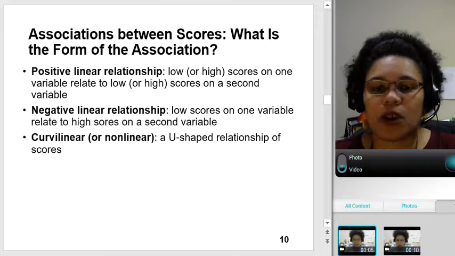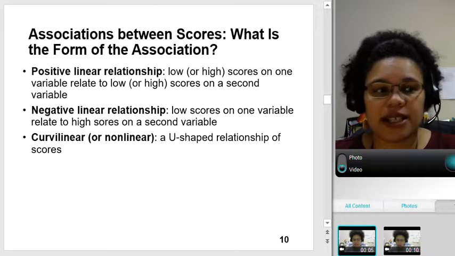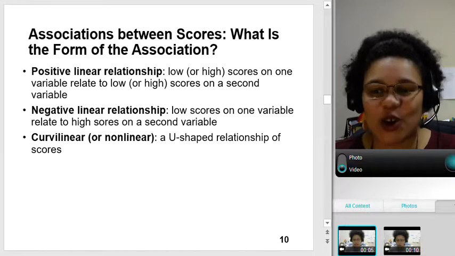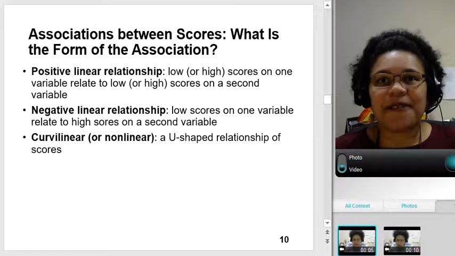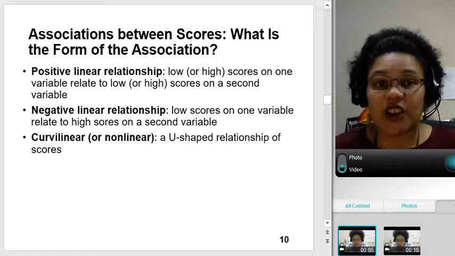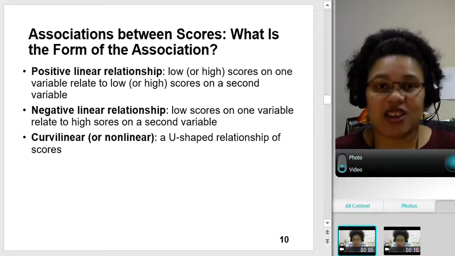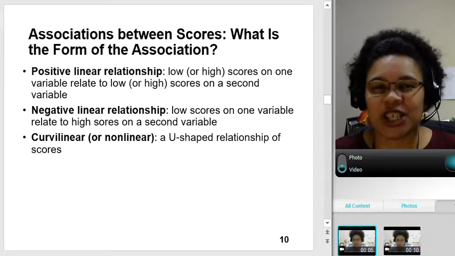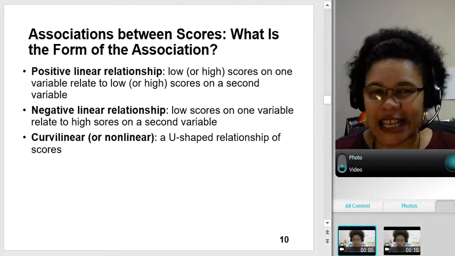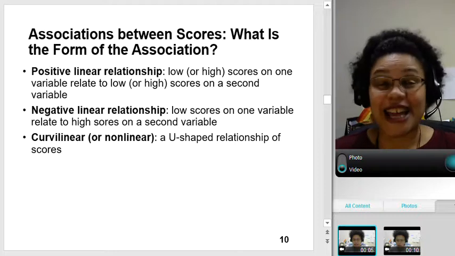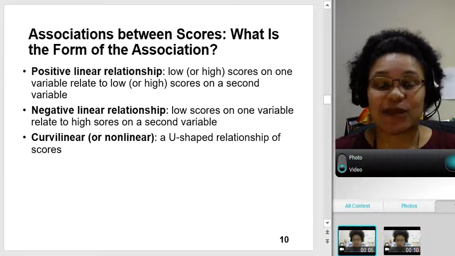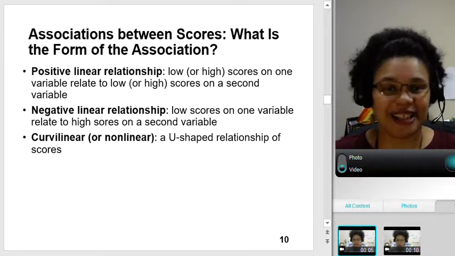One example for a curvilinear relationship is anxiety and achievement, right? If I have very low motivation-related anxiety, if I don't care about how well I do in a class, I'm likely to get a low grade, right?